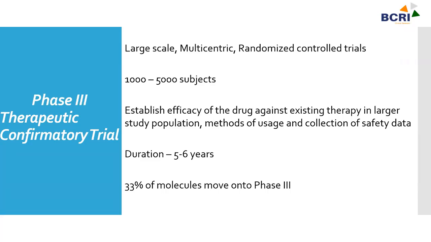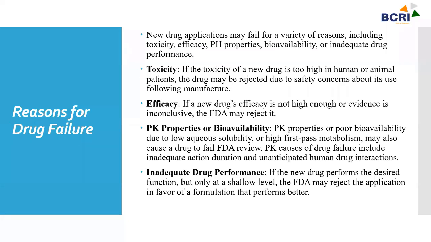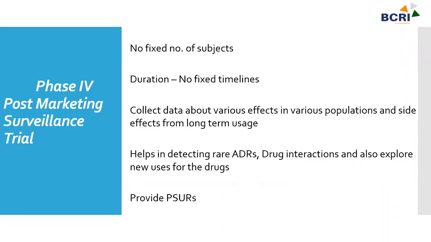After phase three is over, as I mentioned, we get an NDA approval, that is, new drug application approval. Then we reach phase four. Phase four is basically your post-marketing surveillance trial, also known as PMS. During this trial, there is no fixed number of subjects. It is the job of the pharmacovigilance team.